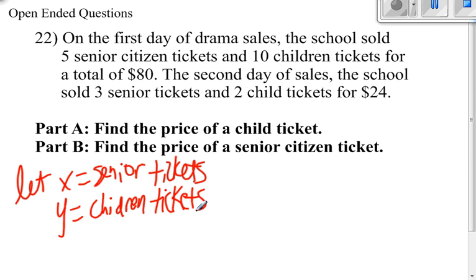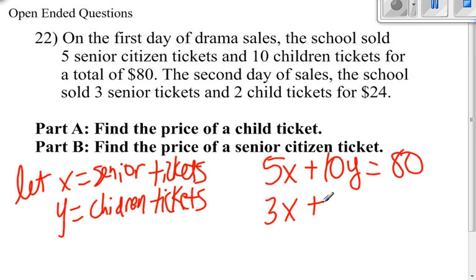So the first equation: 5 senior citizen tickets and 10 child tickets for a total of $80. The second day, 3 senior tickets and 2 child tickets for a total of $24. 2 equations, all lined up for you.